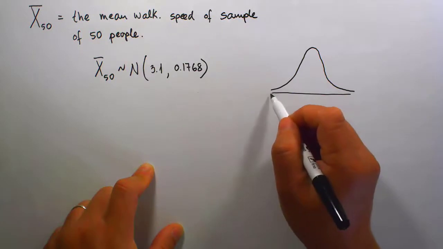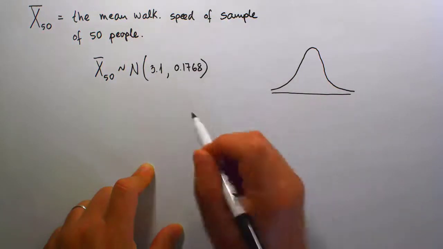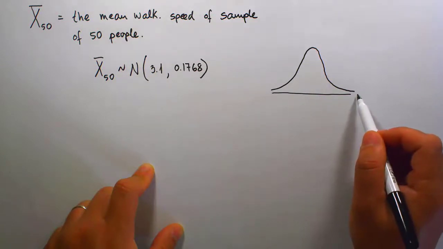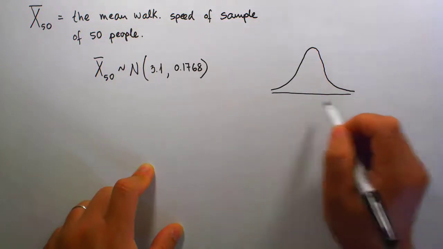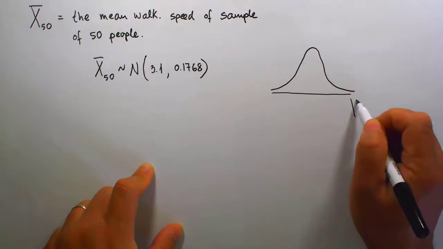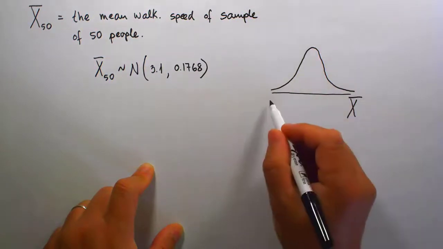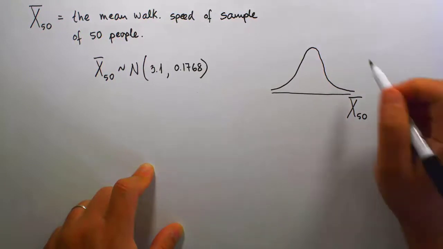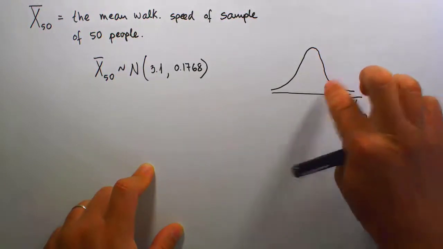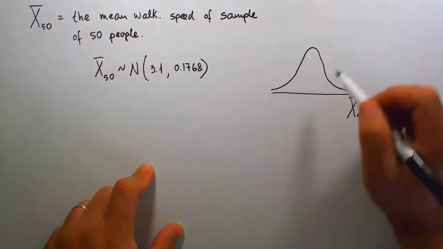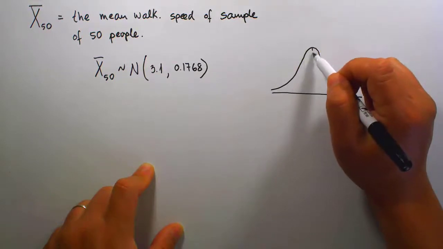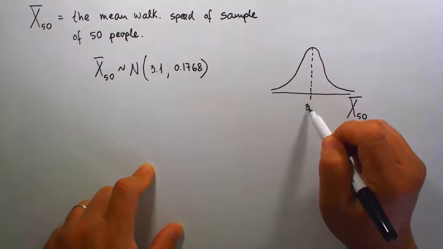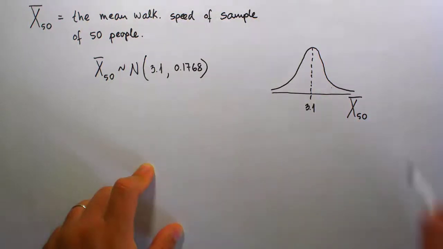So think about, we can place all possible sample mean values, where each sample is a group of 50 people, on one horizontal line, low on the left, getting higher to the right-hand side. Then we are going to have a PDF being a bell curve like this, where the center right in the middle is the mean value, 3.1.